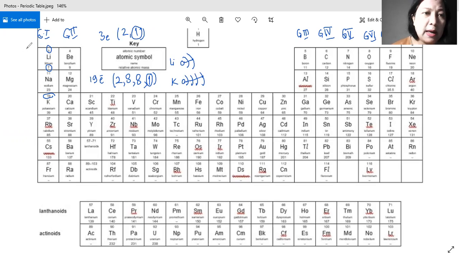So then we can also show by pattern or trends here that from the top to the bottom in the same group, the trend of the atomic radii is increasing.